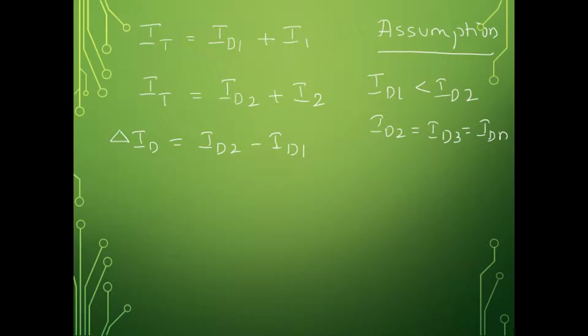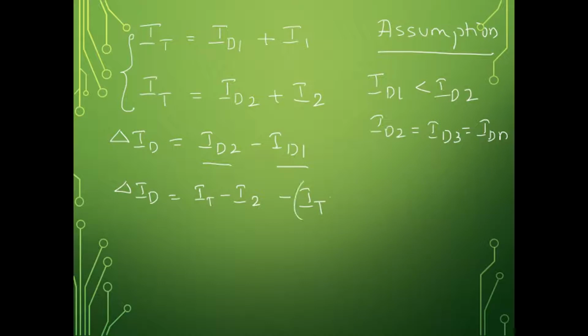Now what we do is we will substitute for ID2 and ID1 from these two. So what we get? Delta ID is equal to, what is ID2? It is IT minus I2, right? Similarly, minus ID1. ID1 is IT minus I1.